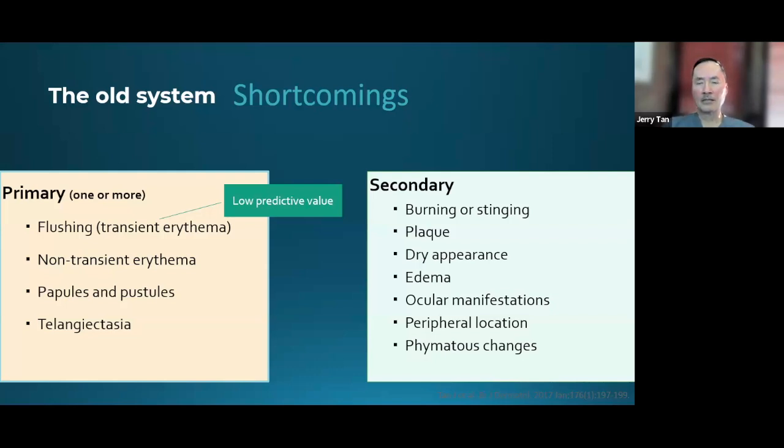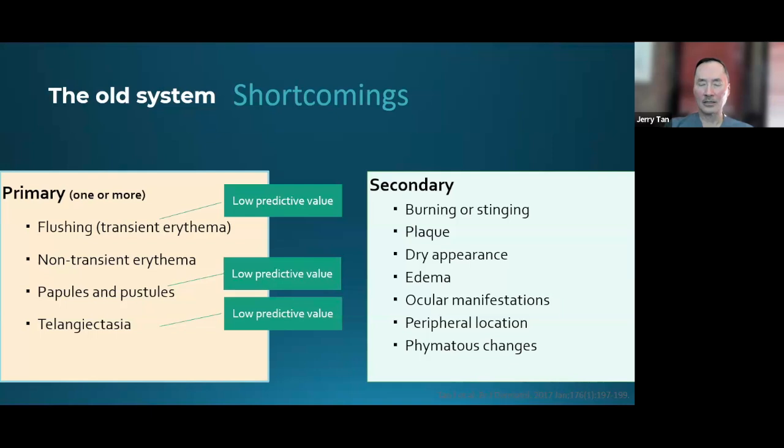So by itself, flushing is not a highly predictive feature for the diagnosis of rosacea. Papules and pustules, folliculitis, acne vulgaris, those are probably more common than simply the papules and pustules of rosacea. So again, it has a relatively low predictive value.